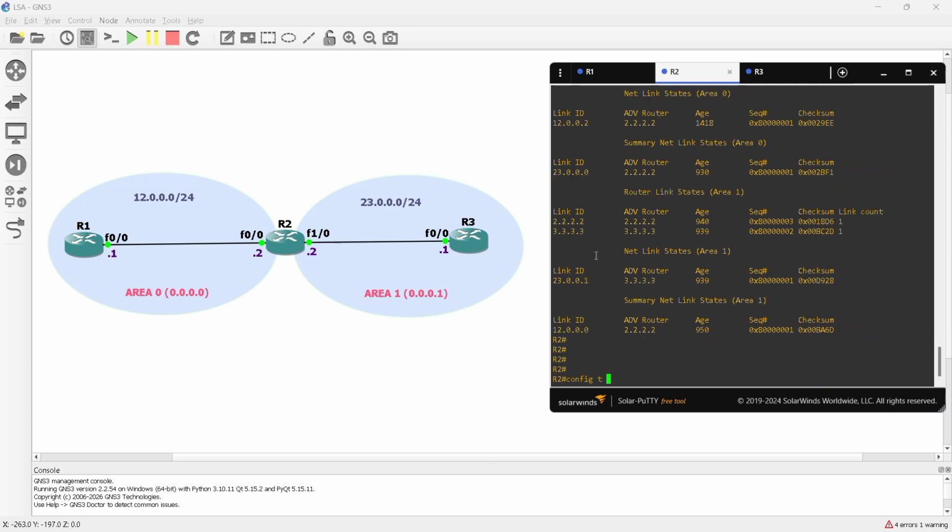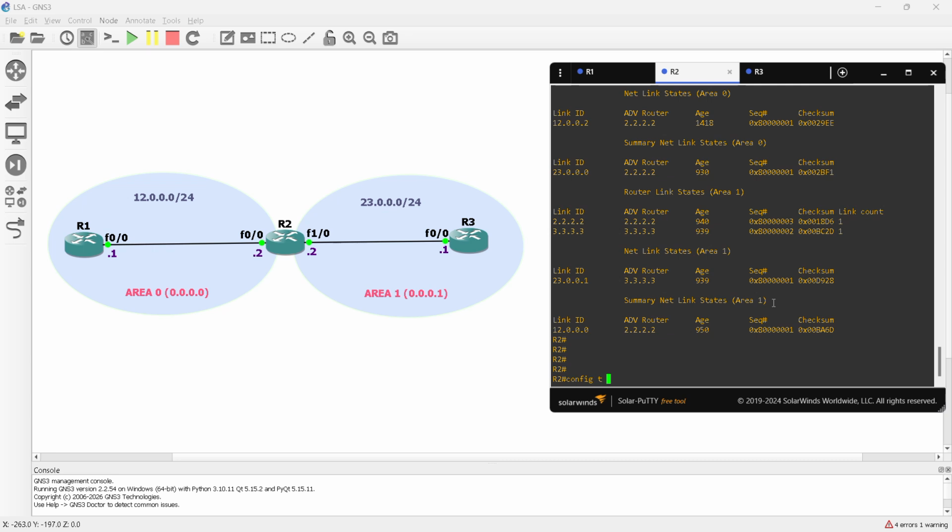Then, as we can see, in this area 1 R3 was the DR. We can validate this through the router ID, so this was R3's router ID. And at last, we can see that it has the information about network 12.0.0.0, which was working under area 0. It is advertising it to area 1, right?